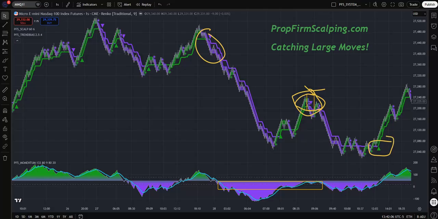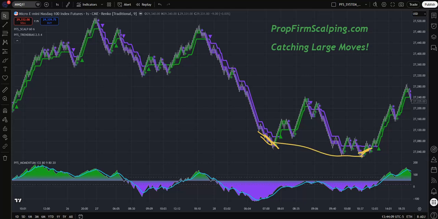So right away, I can look at the momentum tool, and there's a couple things I can see right away that would help me decide, yeah, I want to take that trade for sure. No doubt about it. Okay, let's go talk about that. First of all, from the market in this area of price to the market in this area of price, the market did trade lower.